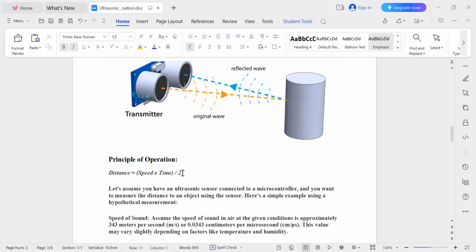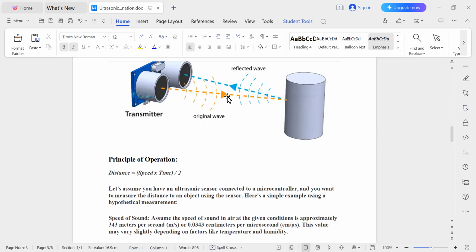Why is it divided by 2? Because the distance of the object is only from here to here, but the wave goes from the transmitter towards the object and from the object back to the receiver. So it is traveling 2 times, so the time is 2 times the time we are considering.